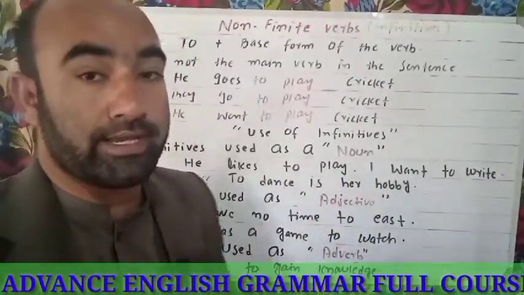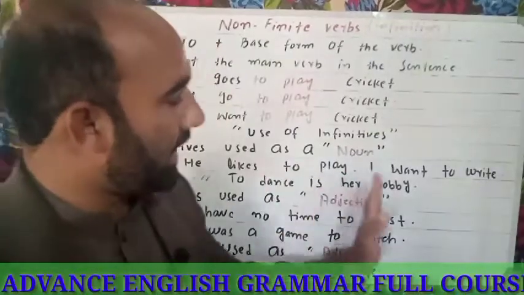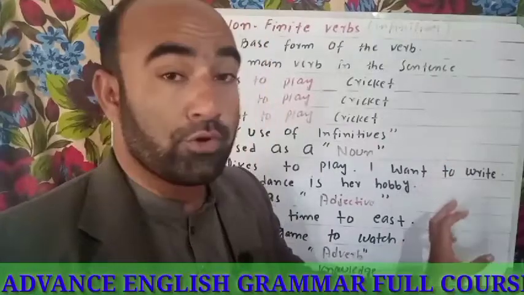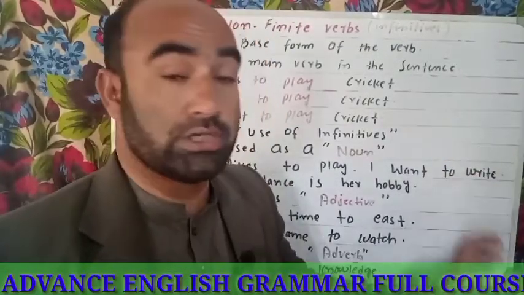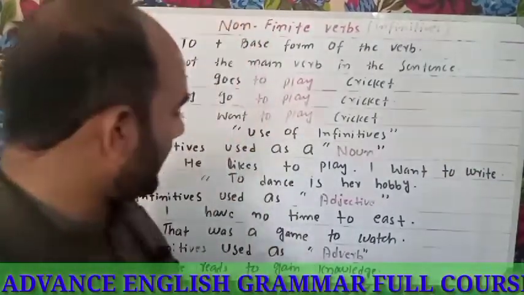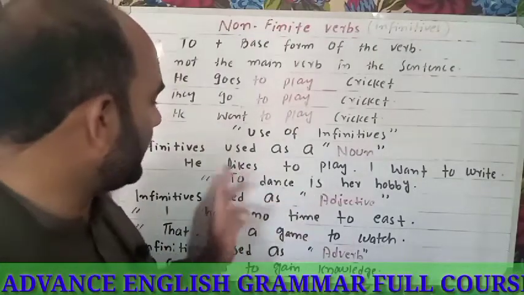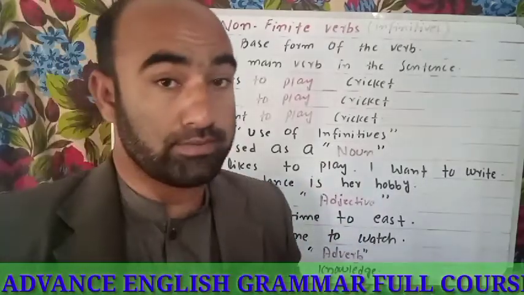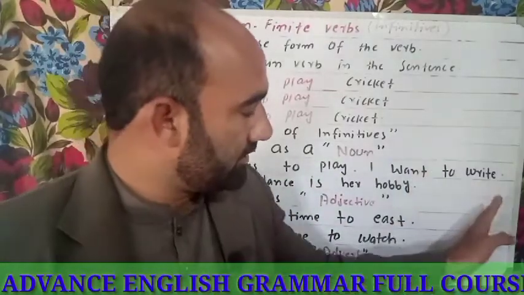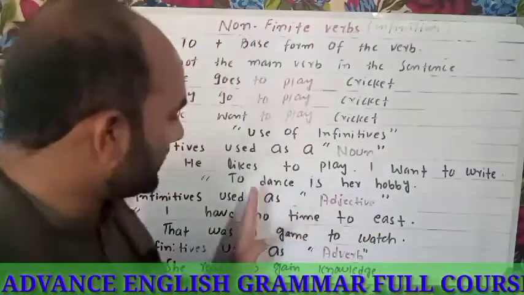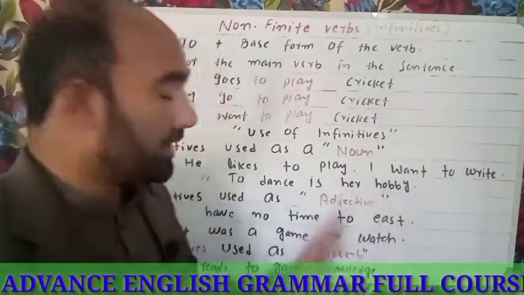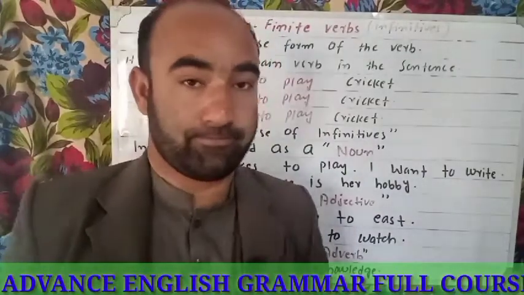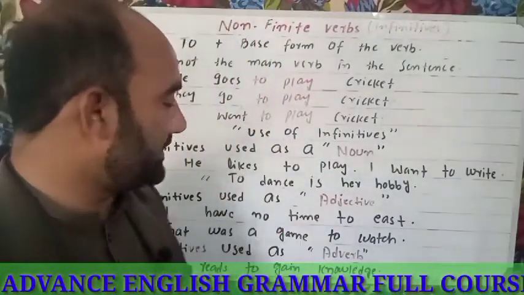It is used as a noun. I want to write. Keep in mind, it is not the main verb. It has been used as a noun. He likes to play: it has come as the object of the sentence. And to dance is her hobby. The infinitive can also come in the place of the subject.